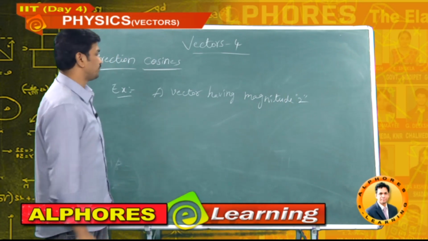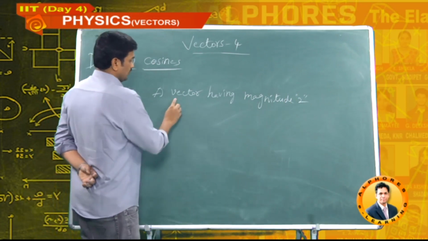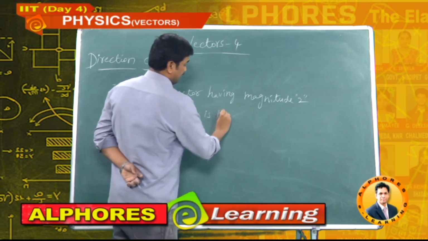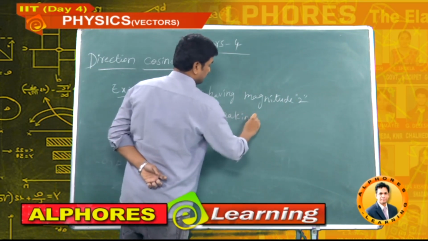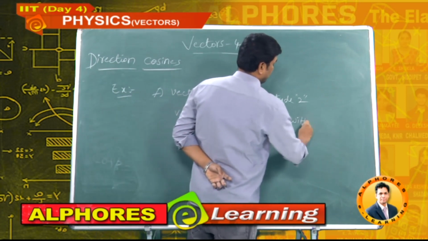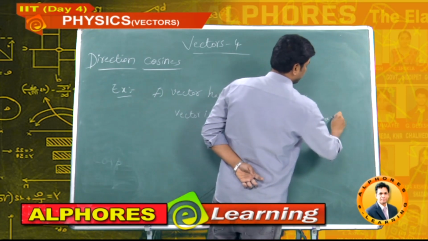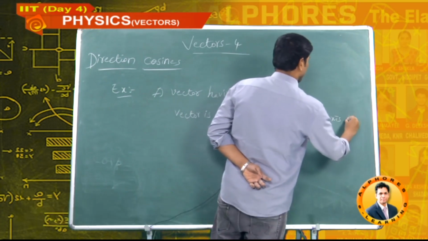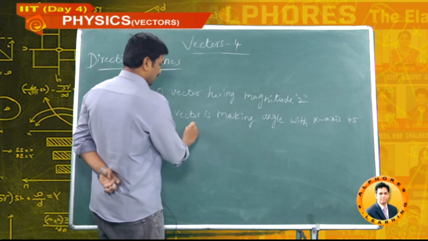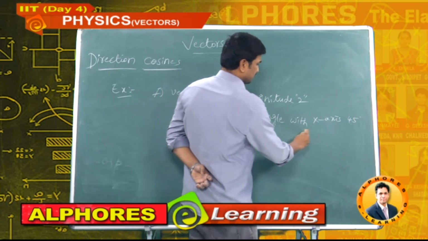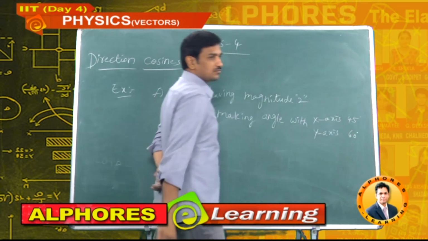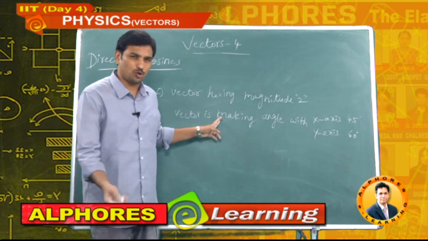The vector is making an angle with the x axis of 45 degrees. Same thing, the vector is making an angle with the y axis of 60 degrees.